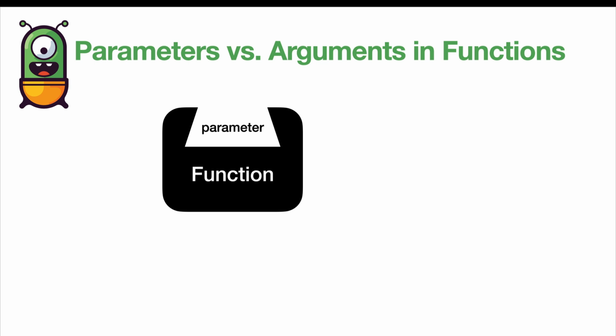So for example, in the case of the add numbers function, we had two parameters defined, where they were two slots basically, where we would give two integers that were to be used in the function.